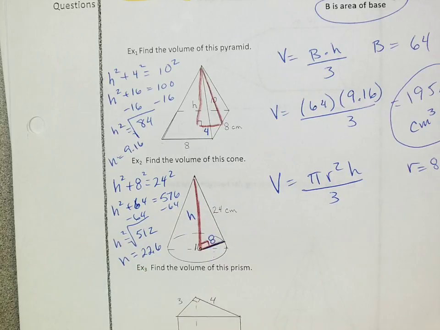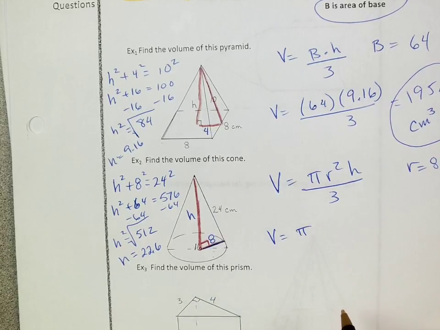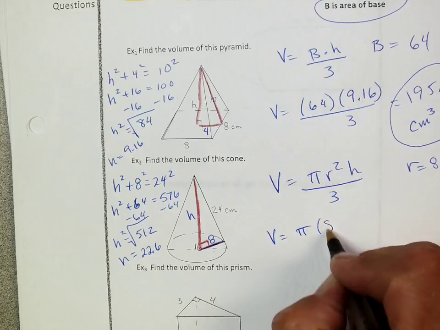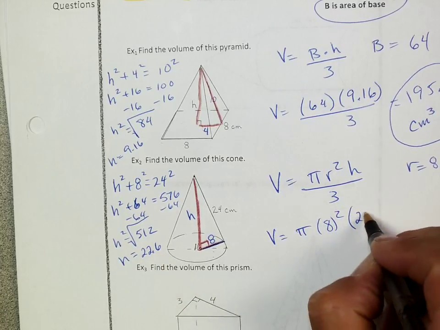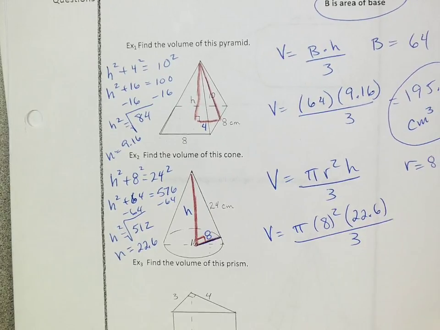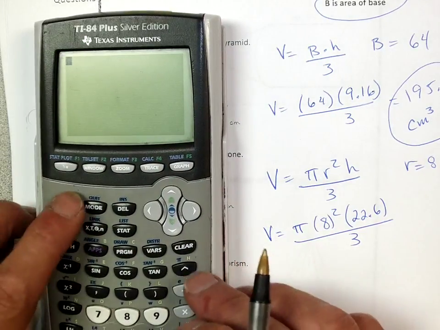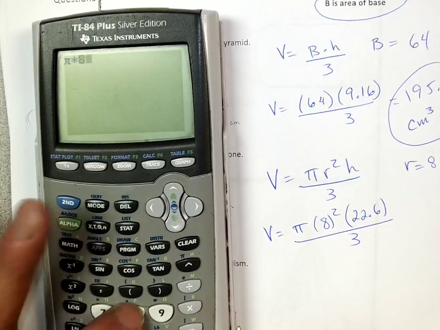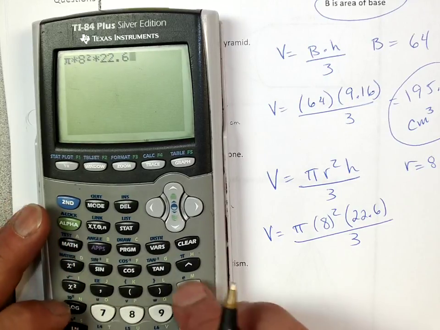So what am I going to get with that? Volume is equal to pi times the radius, which is 8 squared, times the height, which I just found, 22.6, divided by 3. I'm just going to use my calculator: pi times 8 squared times 22.6 divided by 3.